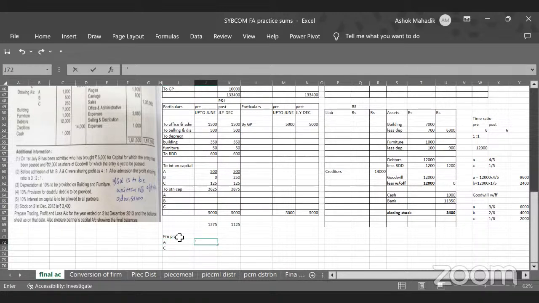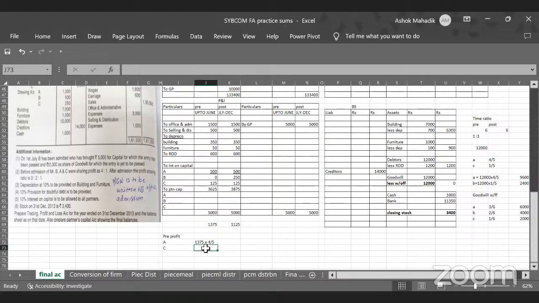A will get 1,375 into 4 by 5 because the old ratio was 4:1. So total shares were 5. Okay, how much he will get in pre profit? See, pre profit is 1,375.